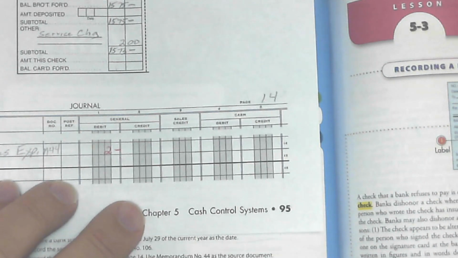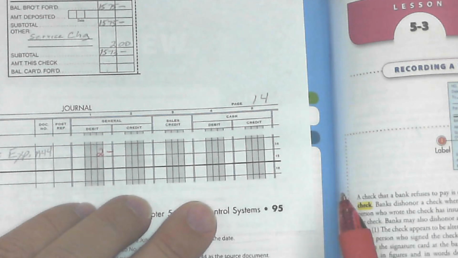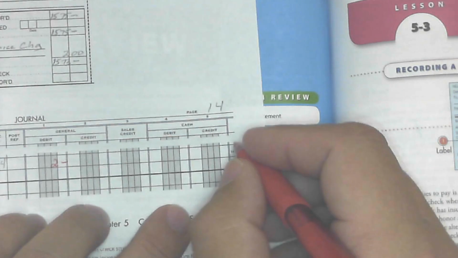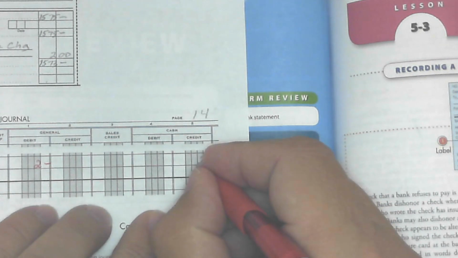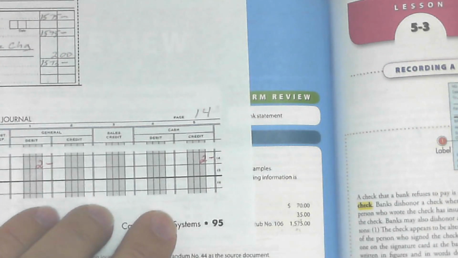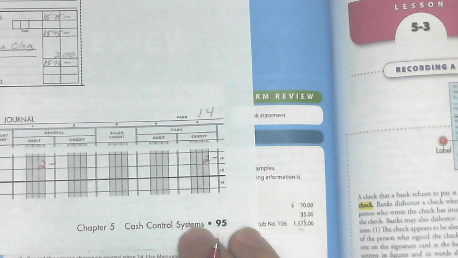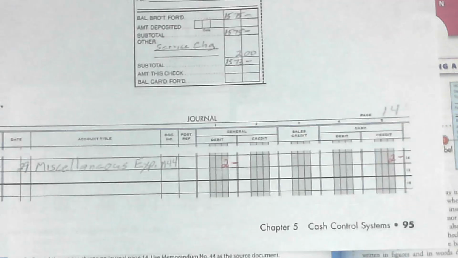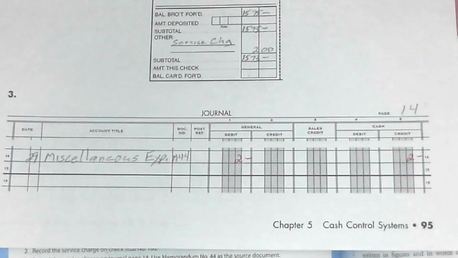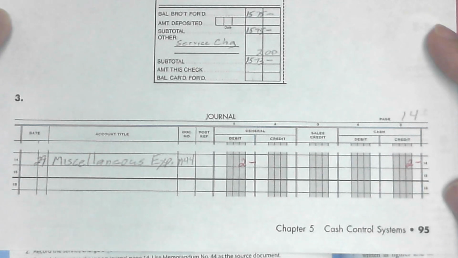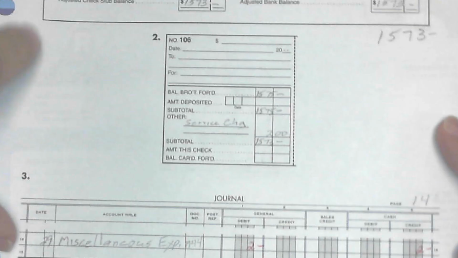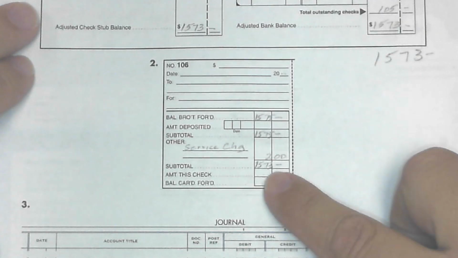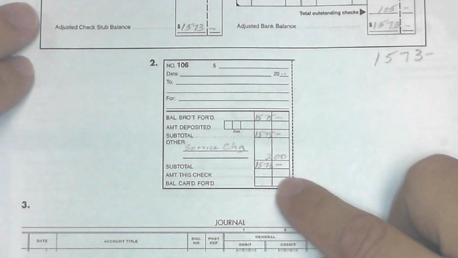So then obviously we're going to have an equal entry in an opposite column, so it balances out. So then we'll put $2 over here in the cash credit column, like so. So that's all you have for the bottom part. There's our check stub, our updated balance, ready for our next check to write.